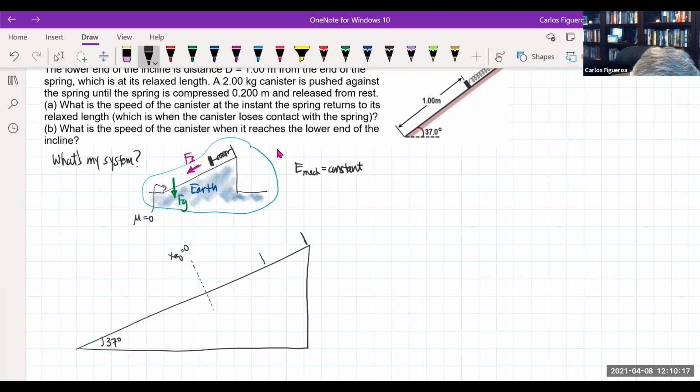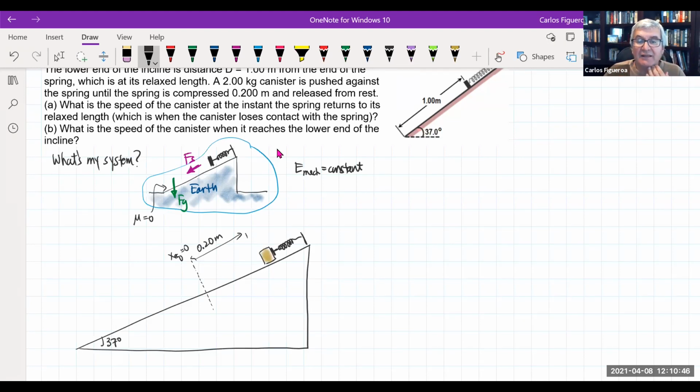Let's say this is my block right here, and I've compressed it so that the distance from here to here is 0.20 meters. That's my compression distance.